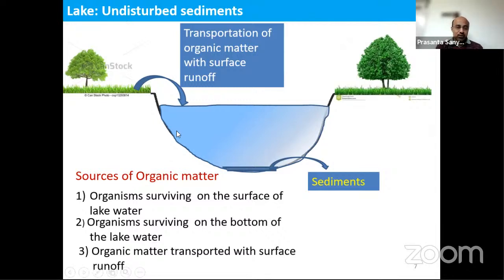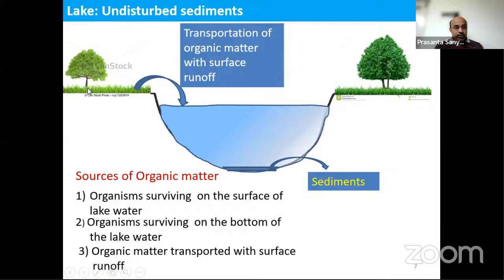So let us see what the different sources of organic carbon in a lake are. In a lake, the organisms that live on the bottom normally take carbon from the dissolved bicarbonate. The organisms surviving on the surface of the lake take carbon mostly from atmospheric CO2.